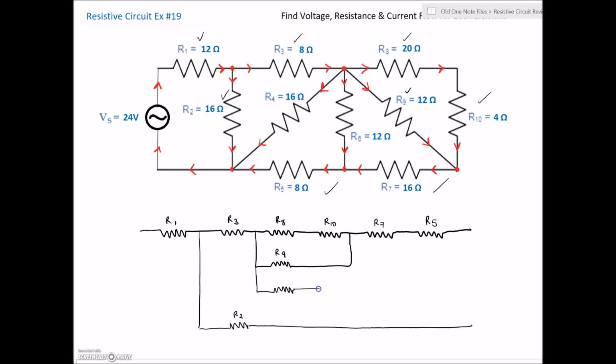Excellent. Let's just bring this straight across, and we can see that 5, 4, and 2 are all tying together to the same spot. So this is R4.